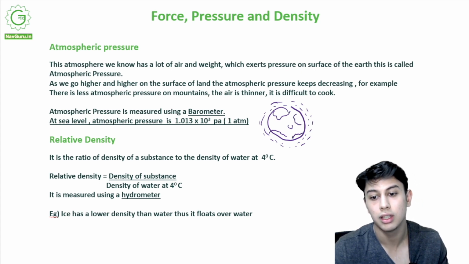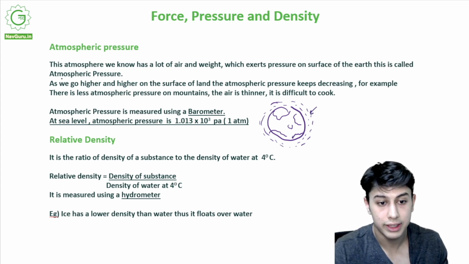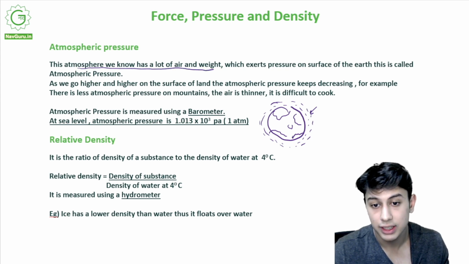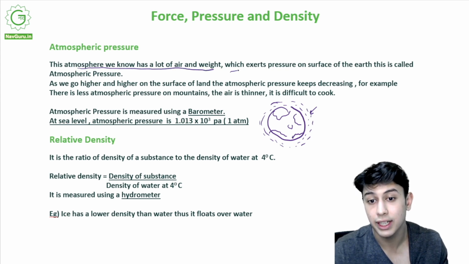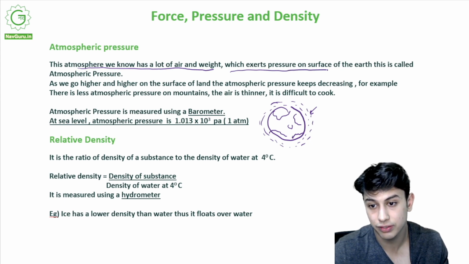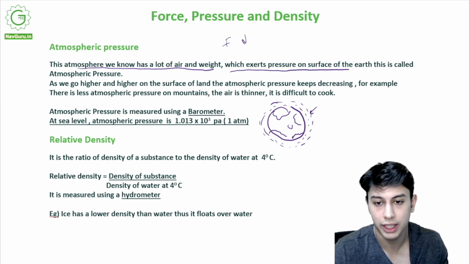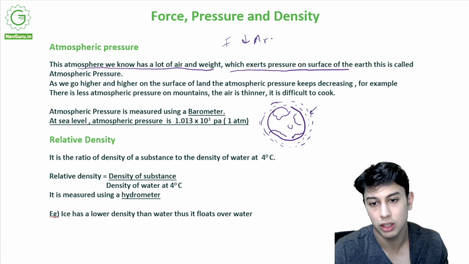This is the earth and here is the atmosphere. This atmosphere has a lot of air and weight. Since it has weight, it exerts pressure on the surface of the earth.